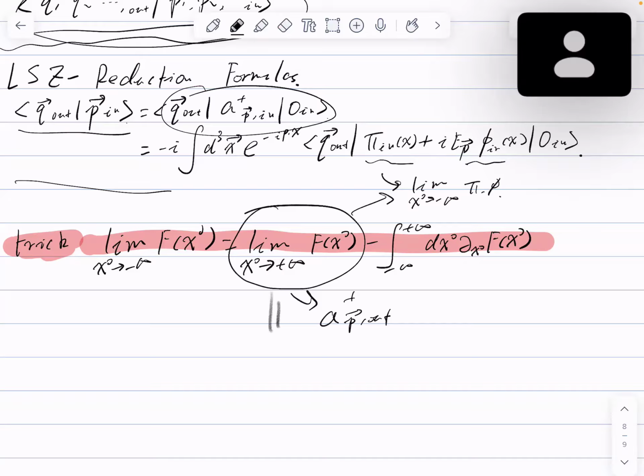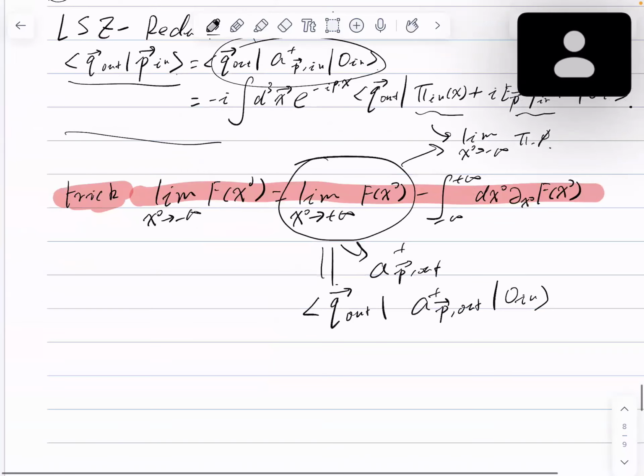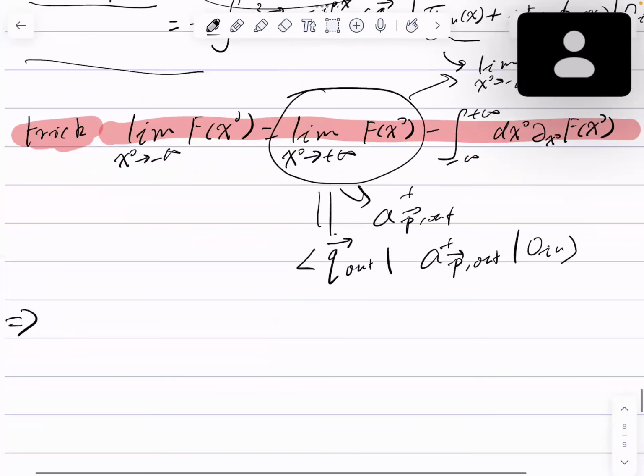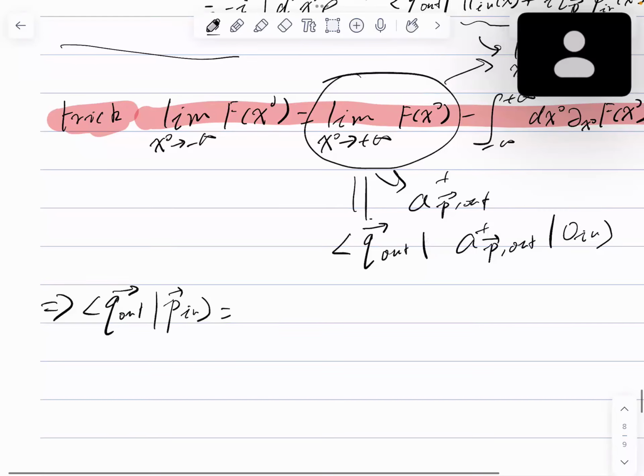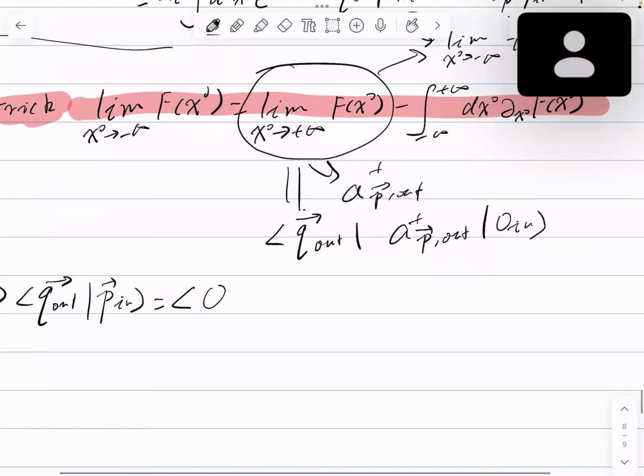So actually this one equals Q out a dagger P out 0 in, and combining them, we obtain Q out P in equals 0 out a Q out dagger.